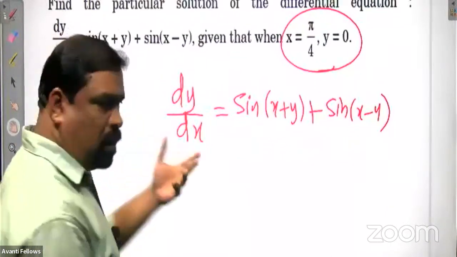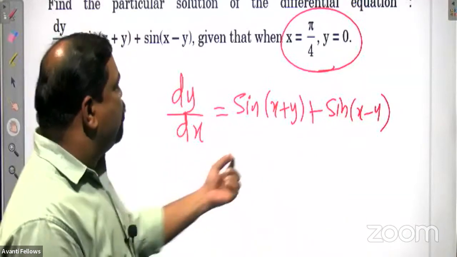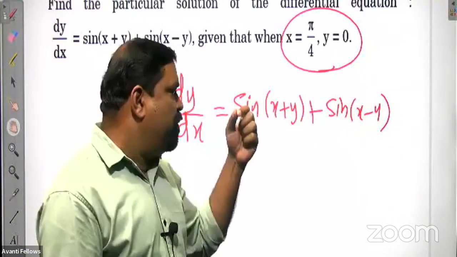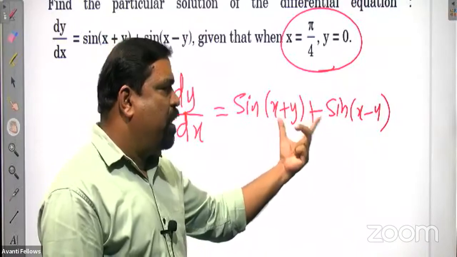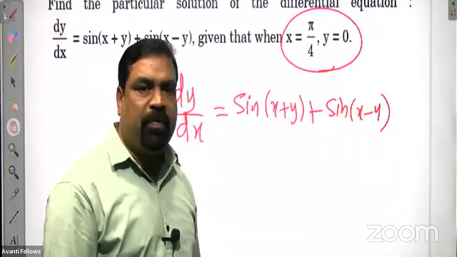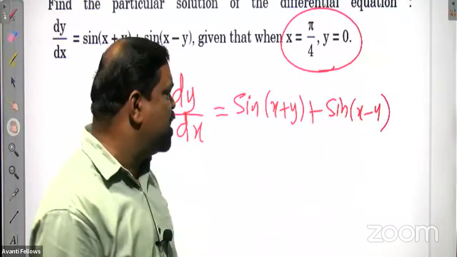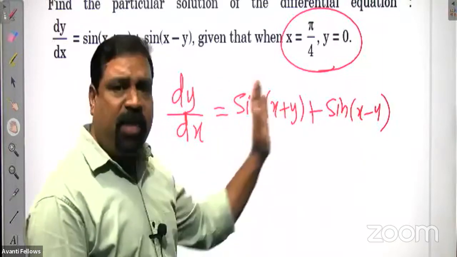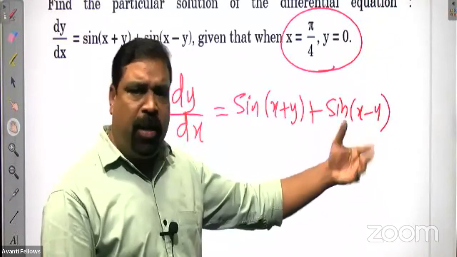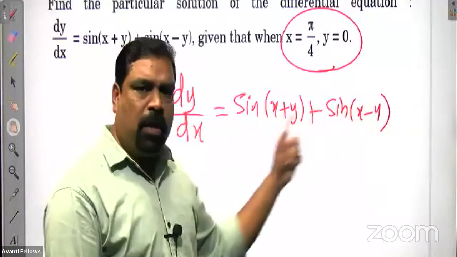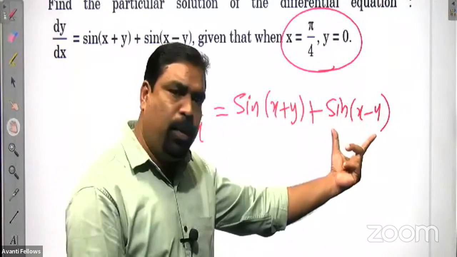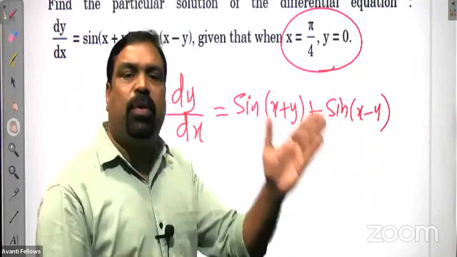Maybe some other technique may be there, but directly you can apply a trigonometric identity, a very fundamental one we studied in 11th class. Sin x plus y plus sin x minus y. What is sin x plus y? Sin x cos y plus cos x sin y. What is sin x minus y? Sin x cos y minus cos x sin y. Otherwise, directly, sin x plus y plus sin x minus y is equal to 2 sin x cos y.